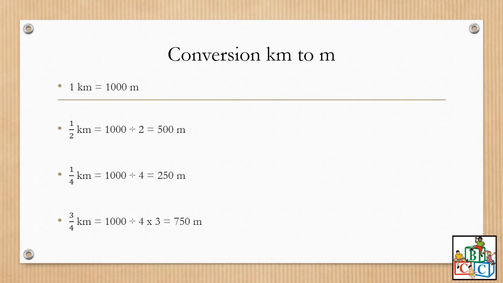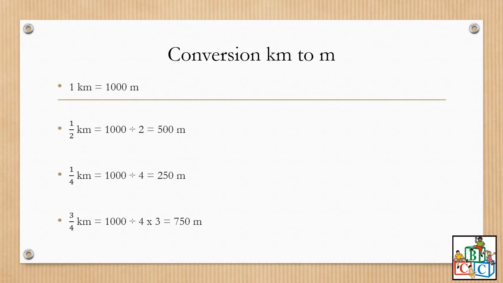Let us start. 1 kilometer, 1000 meters. If 1 kilometer is 1000 meters, what about half? If you have to calculate half kilometer in meters, you will have to divide 1000 by 2.